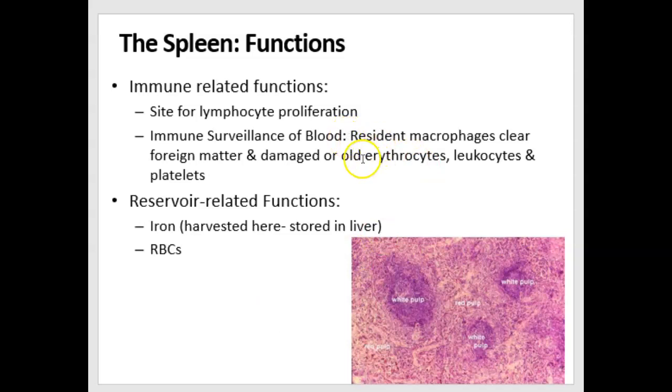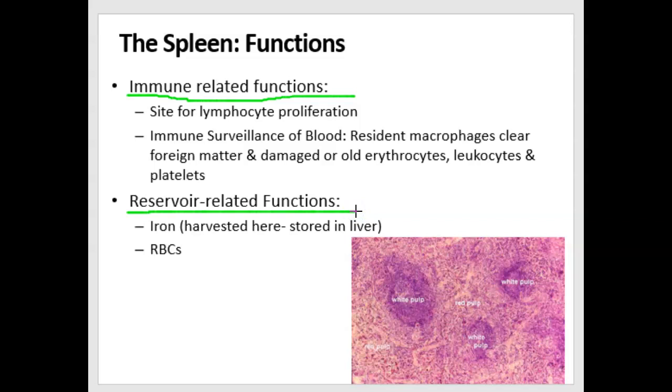So the functions of the spleen are twofold. One, there are some functions that relate to immunity. And then there are other functions related more to storage or being a reservoir.